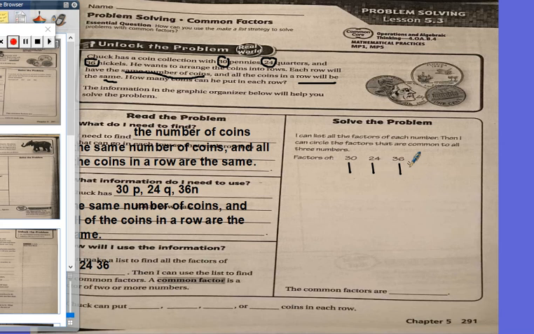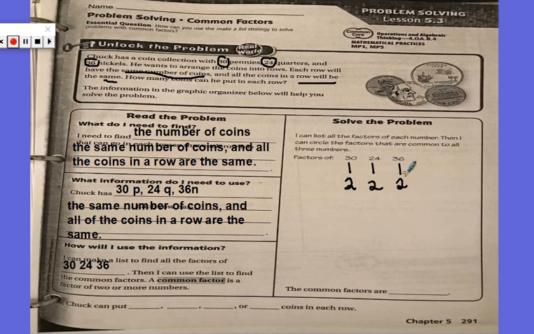Then I've got to think about the next number. Can 2 times something equal 30? Yes, 2 times 15, so I'm going to put a 2 here. Then for 24, 2 times 12 is 24, so that would work. And for 36, 2 times 18 is 36, so 2 would also work there as well.